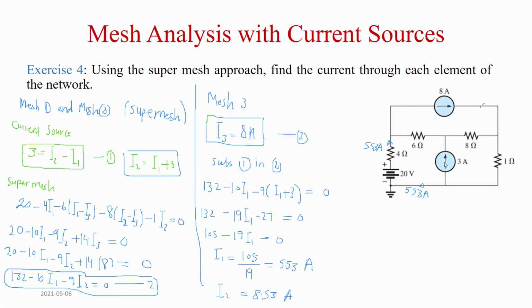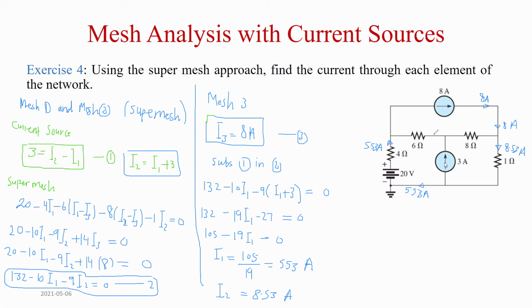The current here is 8. It's going to be the same here as 8, right? The current going this way is going to be 8.53. The current here is a 3.